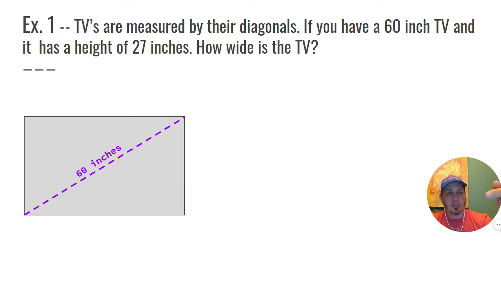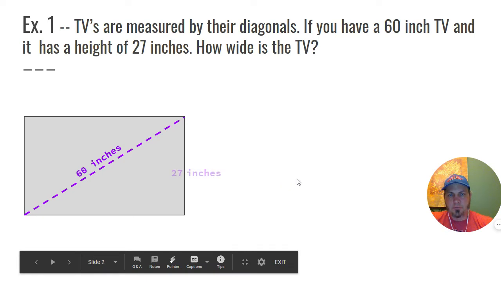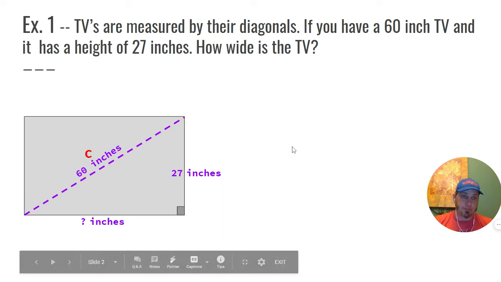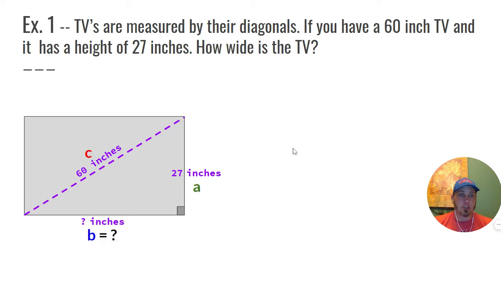Well, if I look right over here, I see that I have a right triangle, right? That right triangle right there, and you're going to see it right here. You have a right angle, okay? So that means this is how high it is. They have given me the hypotenuse in the right triangle.